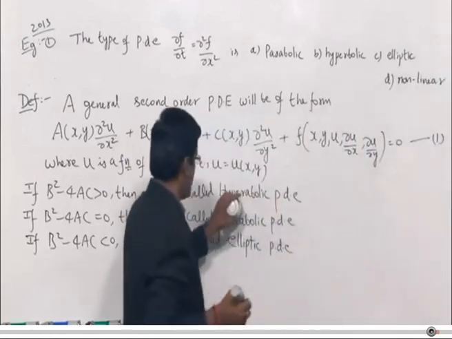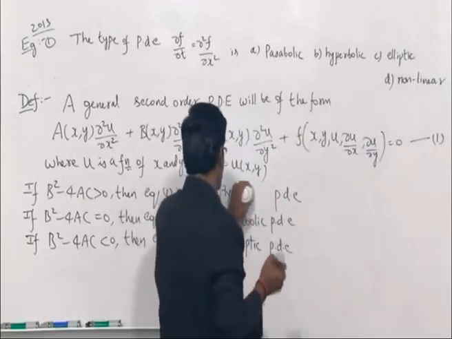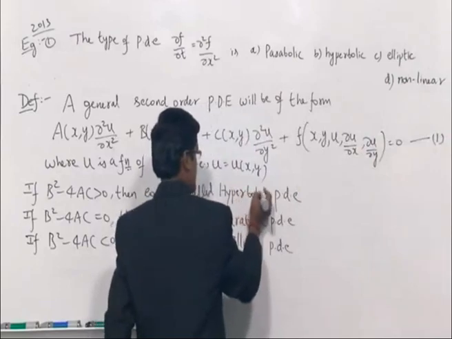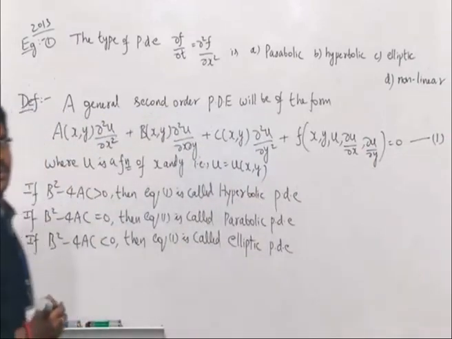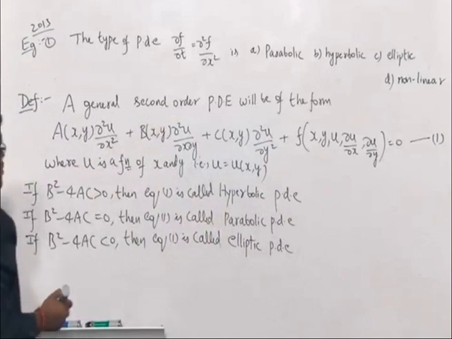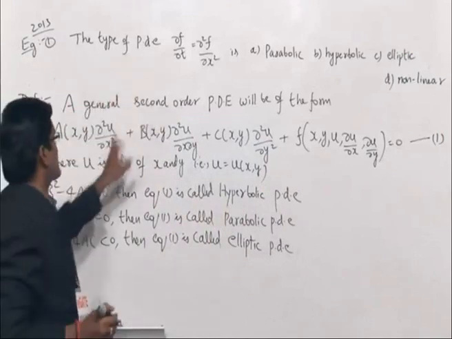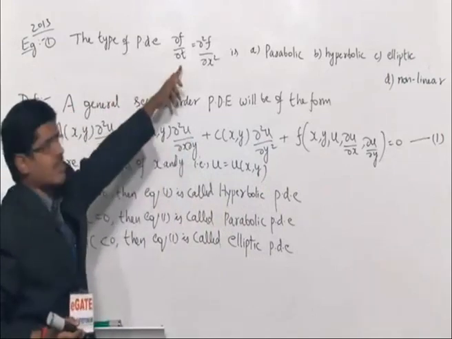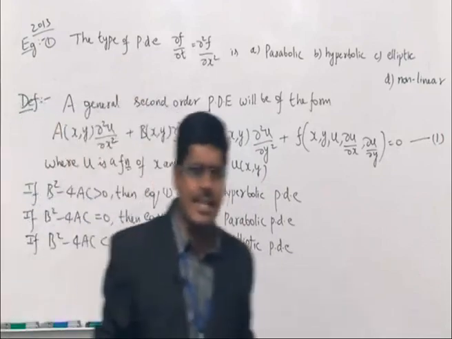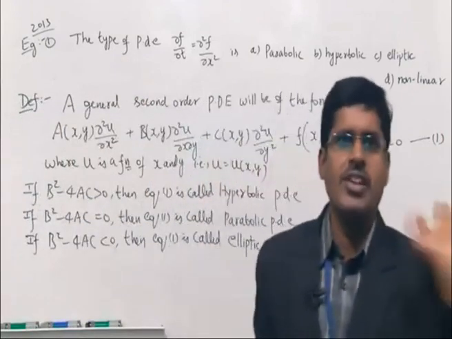Just write here, erase. The hyperbolic spelling is hyperbolic PDE. Now instead of u it is given as f variable, x is the same, and instead of y it is t variable. Here the independent variables are x and t, the dependent variable is the function f.